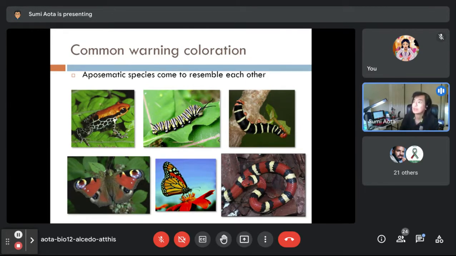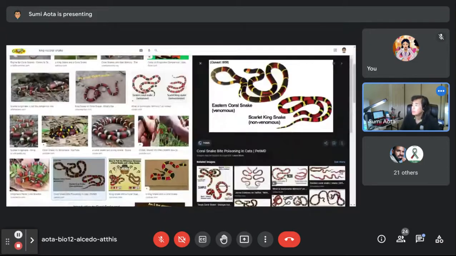Now, what do I mean by that? So red touches yellow.